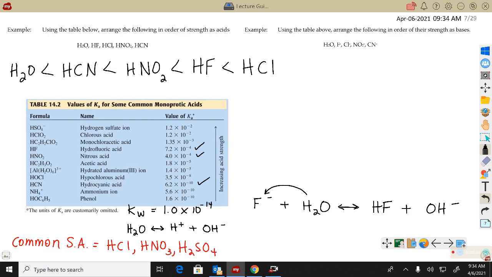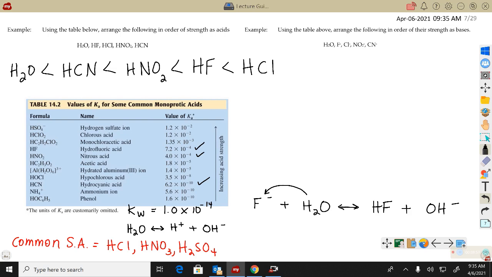All right, so let's see if we wanted to rank these in order of strength as bases. There's a couple options. One option would be that we could rank them by their Kb values. So Kb would be the tendency of the particle to accept hydrogen and remove hydrogen.